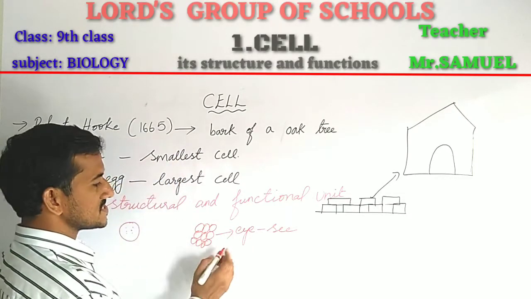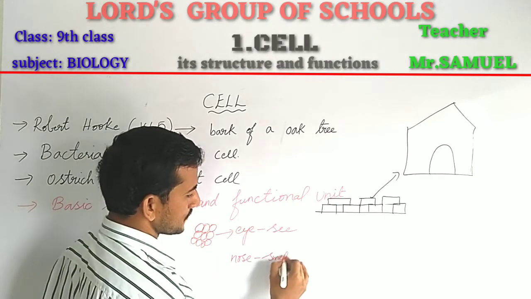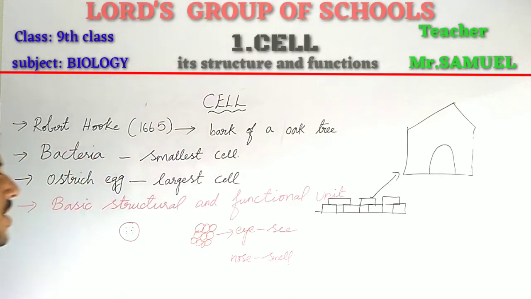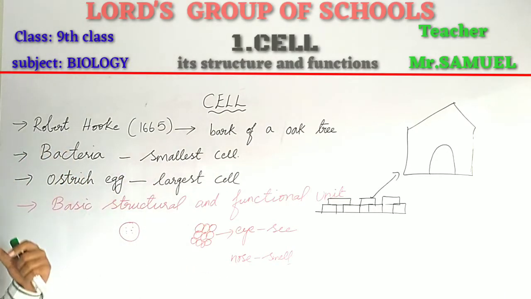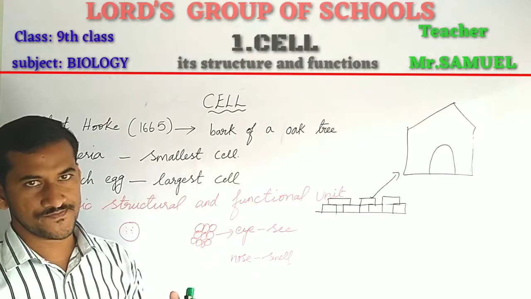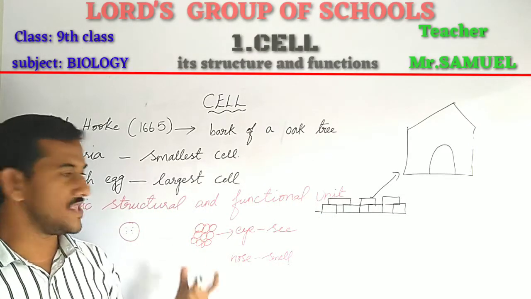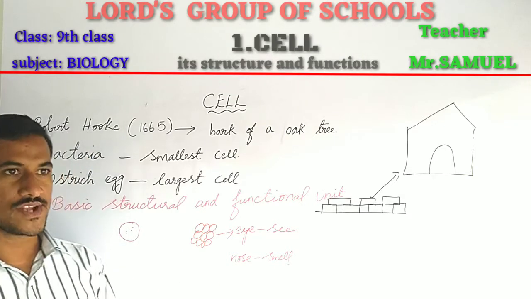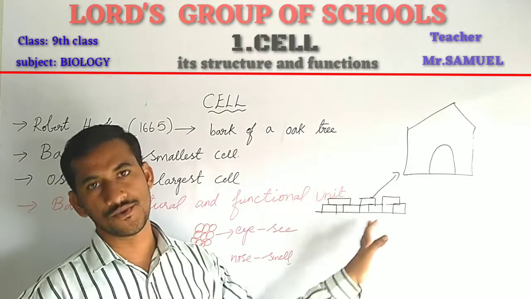The cells present in the nose help us to smell. So cells are the functional unit because they perform some functions, they help us to survive. That's why we call it the basic structural and functional unit.